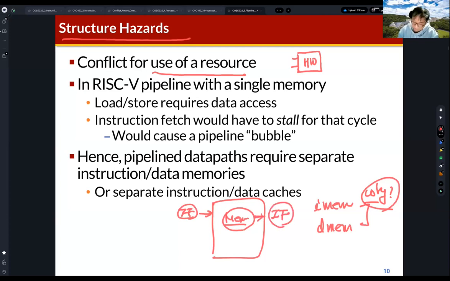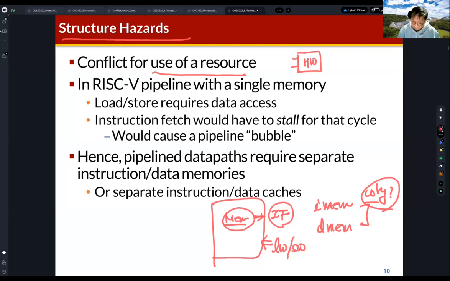But memory instructions such as load word or store word need to access the same memory. If we use only one memory, then what's the problem?